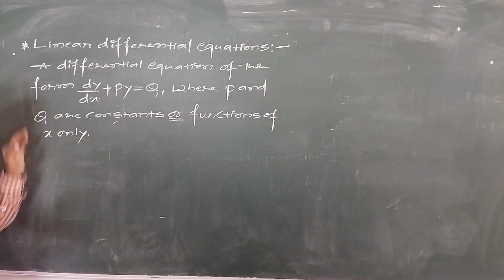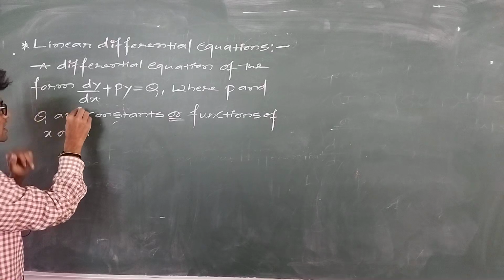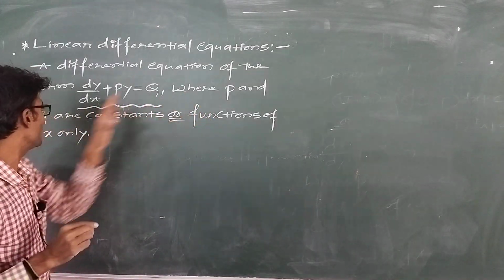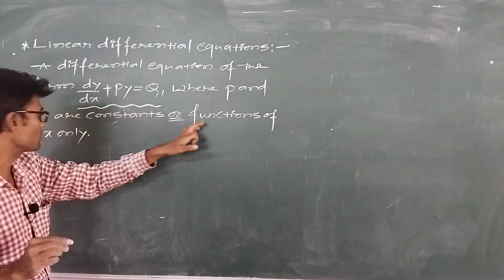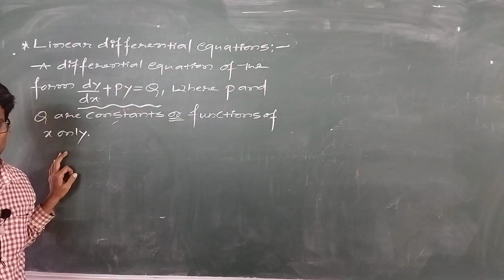See, a differential equation of the form dy by dx plus py equal to q, where p and q are constants or functions of x, is said to be a linear differential equation.